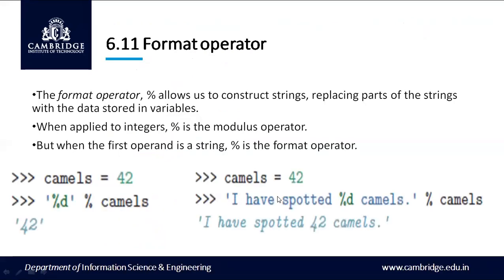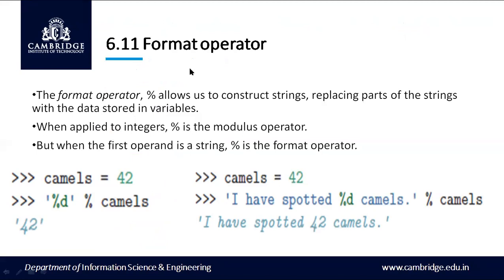Next, the last topic is the format operator. The format operator in Python is represented by the percentage sign. The format operator allows us to construct strings, replacing parts of the string with data stored in variables. When applied to integers, percentage is the modulus operator, but when the same operator is applied to strings, it is the format operator.